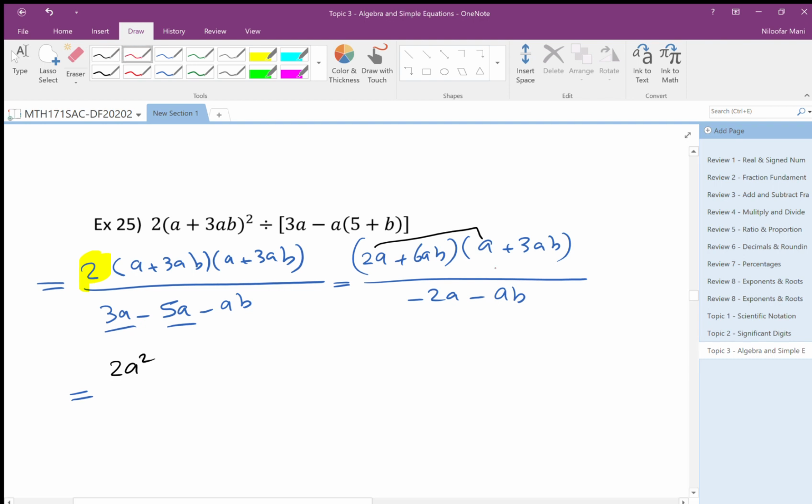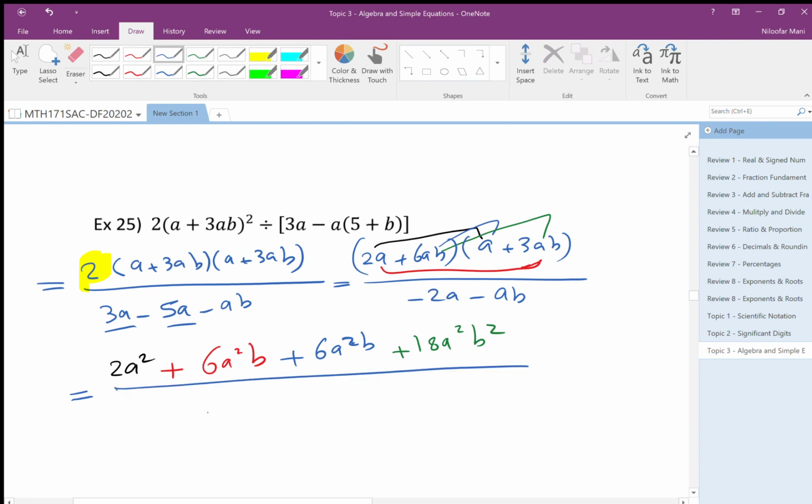I do this with this, yes, which is plus 6a squared b, right? Then I do this with this, which is 6a squared b, the same thing. And then I do this and this, which is 18a squared b squared. Okay, and then I do divided by minus 2a minus ab equal.